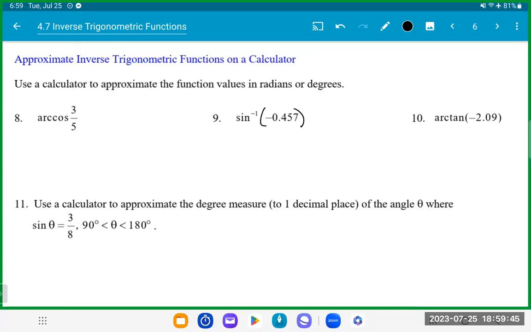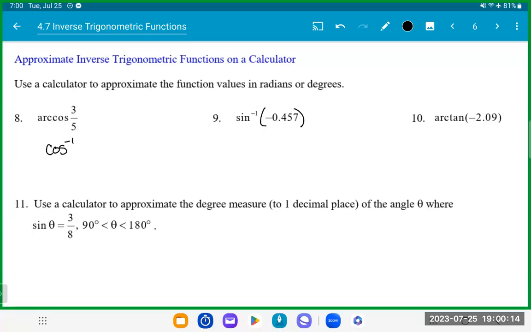On your cell phone, you'll see this button that looks like two arrows. If you push it, where it says sine, it then gives you the sine inverse. So here is arc cosine, so you'll want the cosine inverse key.